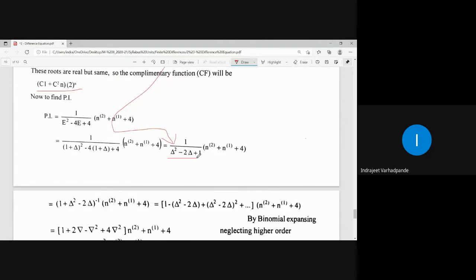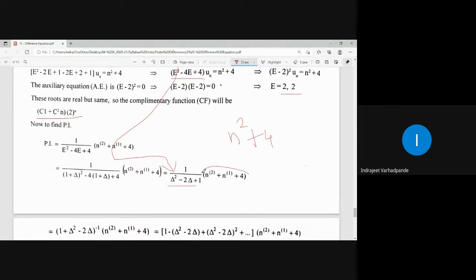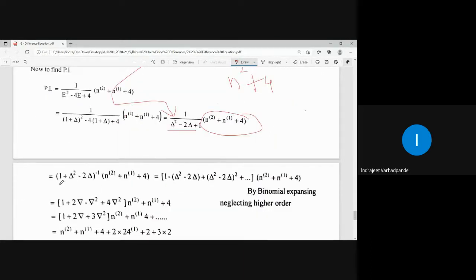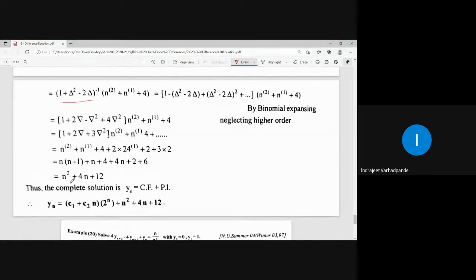Expand the RHS: n square plus 4 has to be converted to the factorial polynomial by synthetic division process. Simplify it, raise the power minus 1, operate term by term, get the simplification. Your answer comes out to be n square plus 4n plus 12. The complete general solution will be yn is equal to CF plus PI.